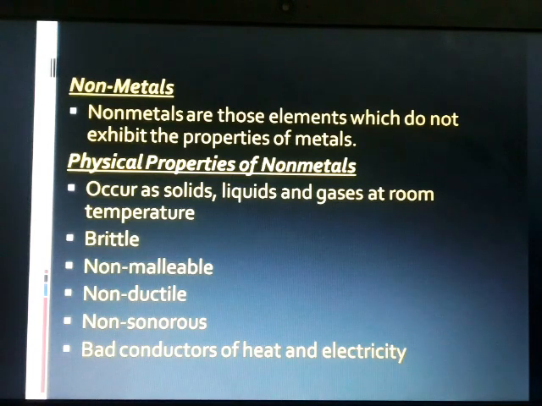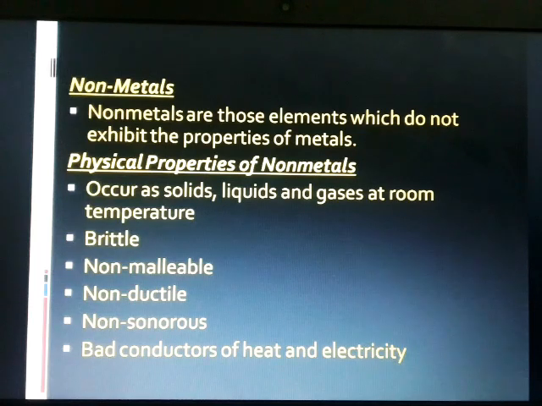First, they occur as solid, liquid and gases at room temperature. There we saw that at room temperature metals are solid, but here it is solid, liquid or gases. And brittle, it is easily breakable. Non-malleable, non-ductile and non-sonorous, and finally bad conductors of heat and electricity.